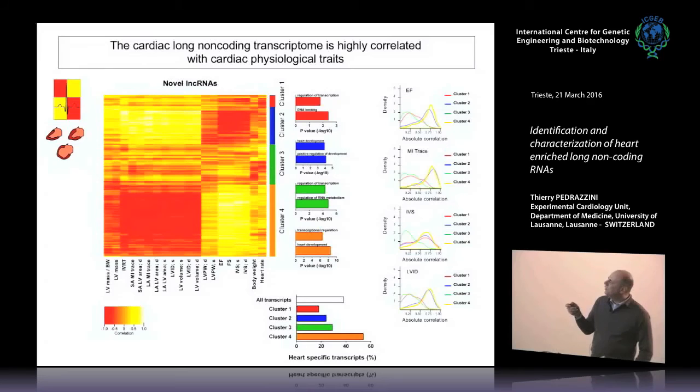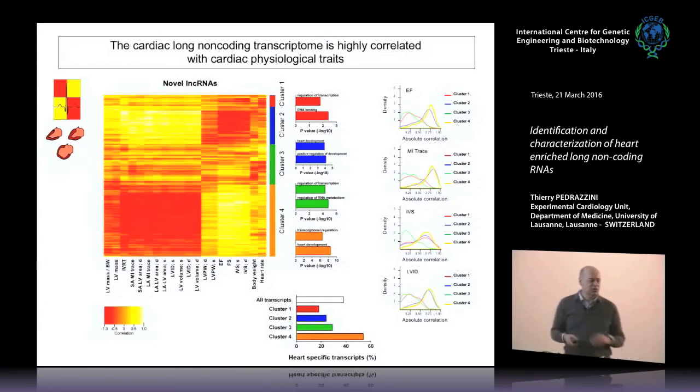But if you look at the individual parameters, you see that, for instance, the thickness of the septum also correlates with cluster 1. So now in this small group, you have a couple of transcripts, maybe more, that uniquely define this parameter.